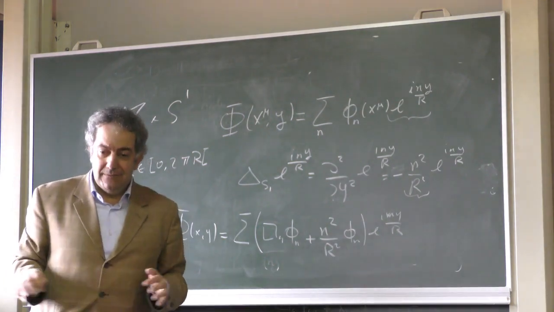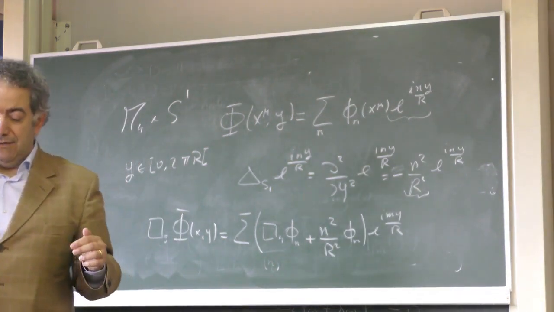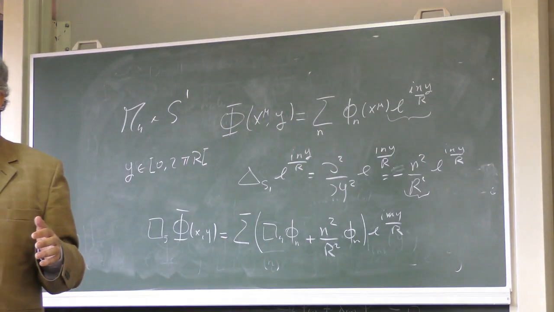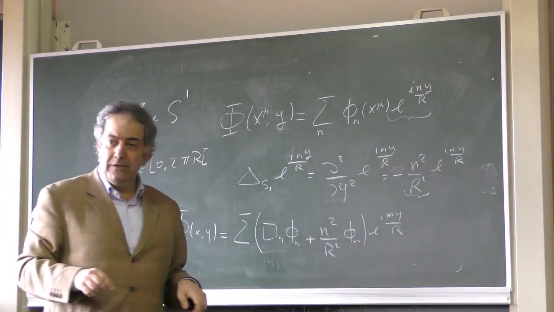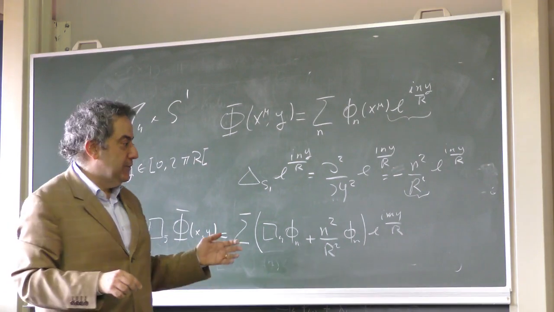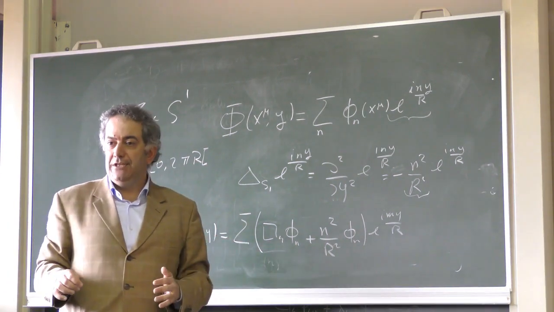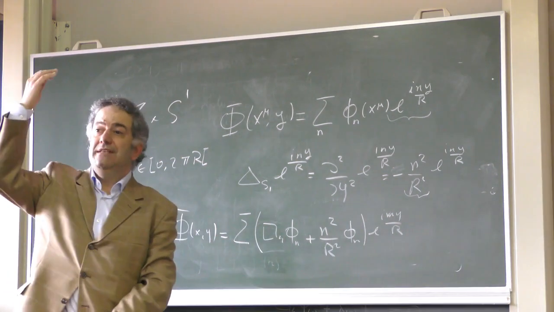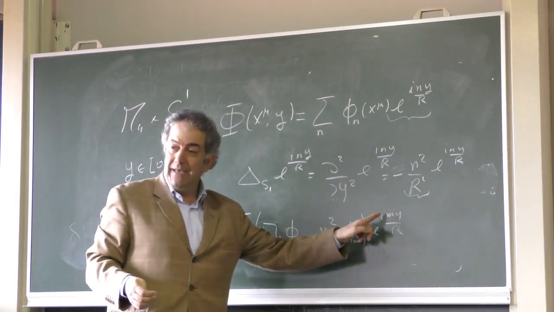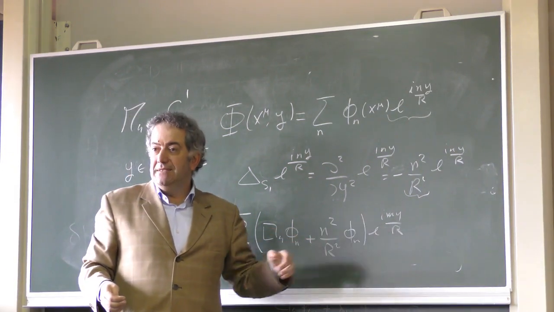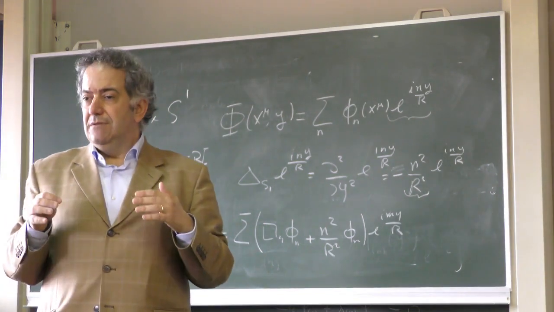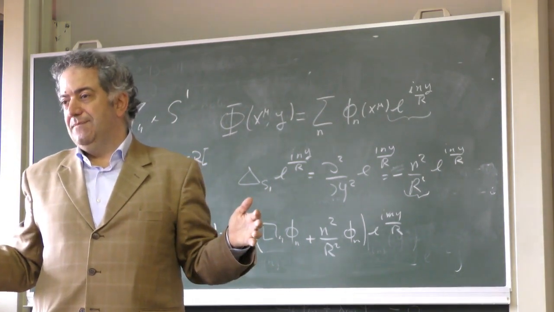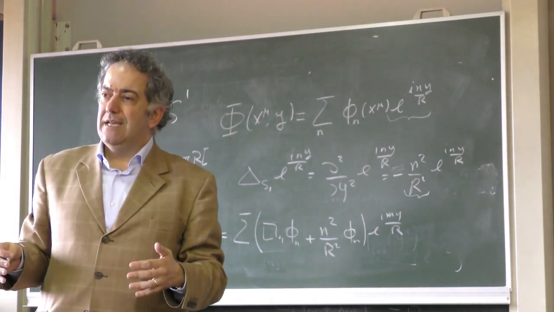Now the result of the compactification, so the effective four-dimensional theory, okay, is obtained by truncating this spectrum, which would be infinite dimensional, to the zero mode, n equals 0. This means setting to 0 the dependence on the internal coordinates. This is what you do in Kaluza-Klein.